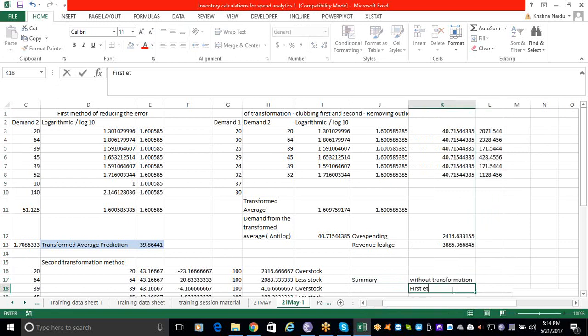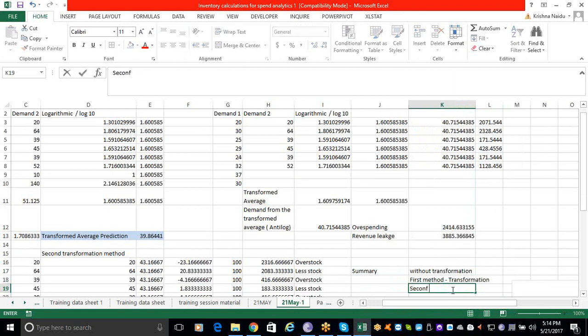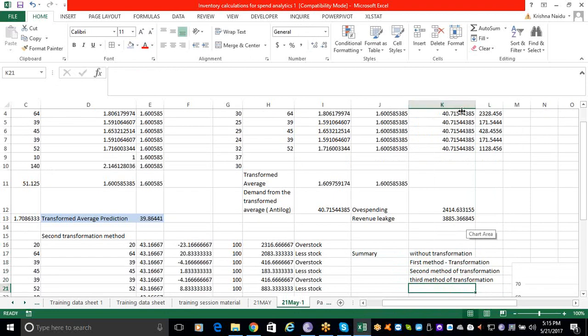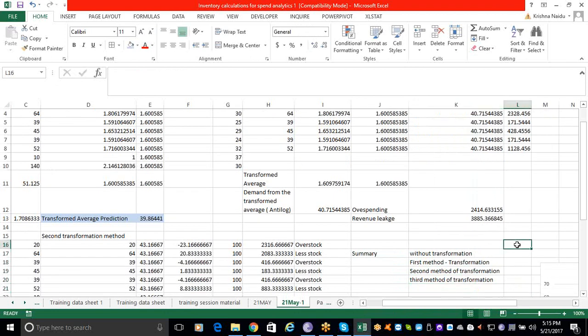First method of transformation, second method of transformation, and third method of transformation. So I have three methods. Okay? So I'm going to find the overspending, the spend leakage, in all the three cases.